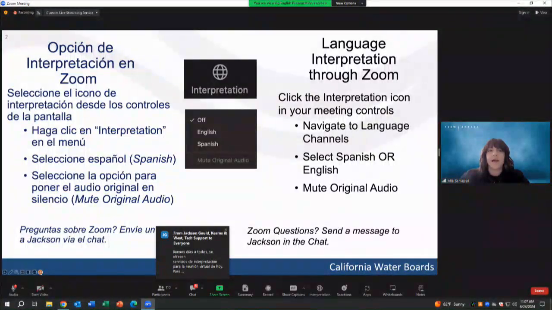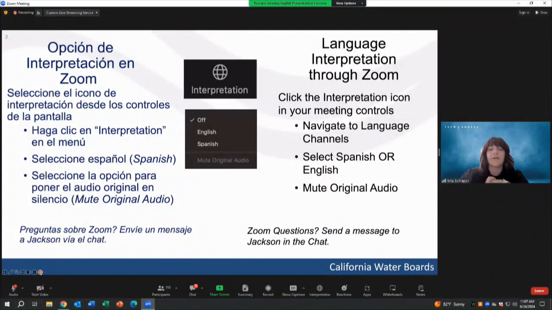The presentation slides are also available in English and Spanish. To display the presentation in your preferred language, click on the View options at the top of your screen. Under Shared Screen, select Presentation in English to see English slides and Presentación en Español to see the presentation in Spanish.